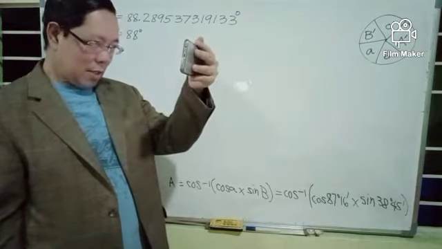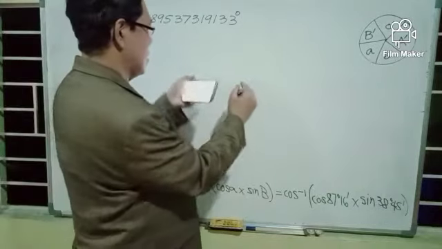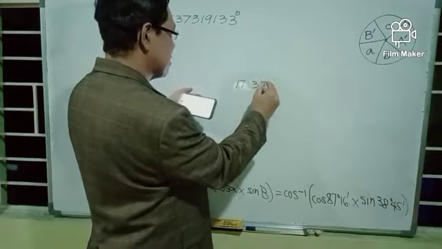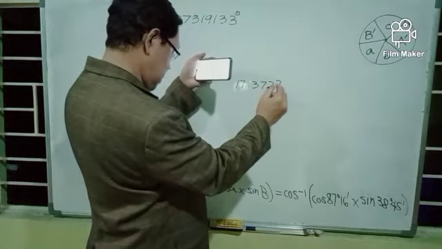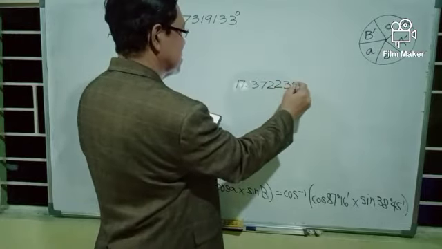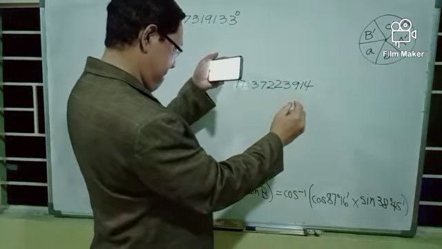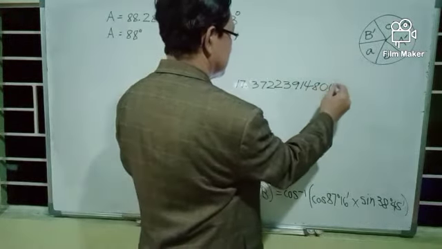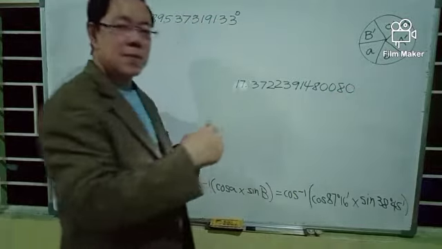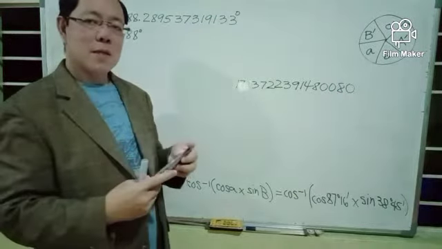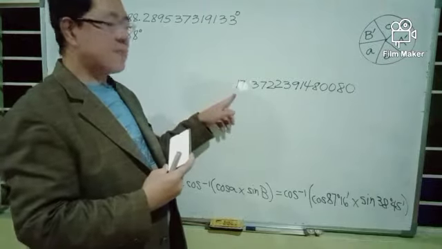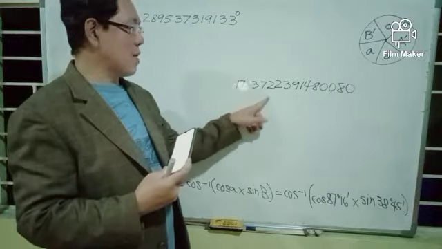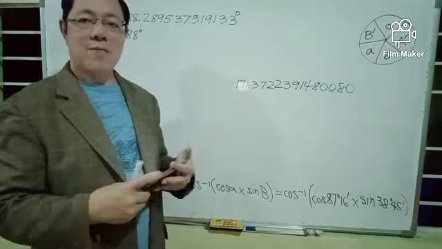And you should get 17.37223914880. From this decimal number, again, take the whole number part, which is 17. That's 17 minutes.